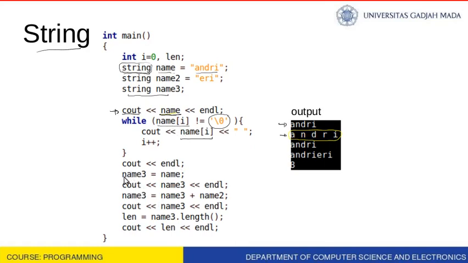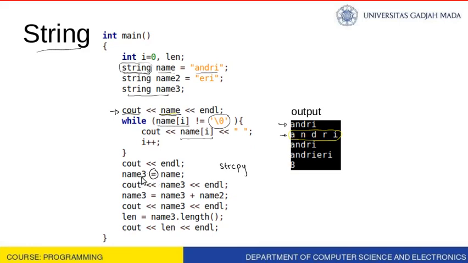And then we can also do a function or operation just like in the array of char. In the array of char we have strcpy or string copy, but here if you have string, you can directly use the assignment operation just like this.